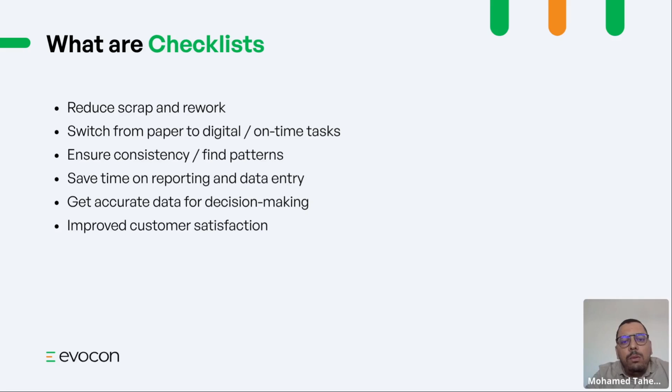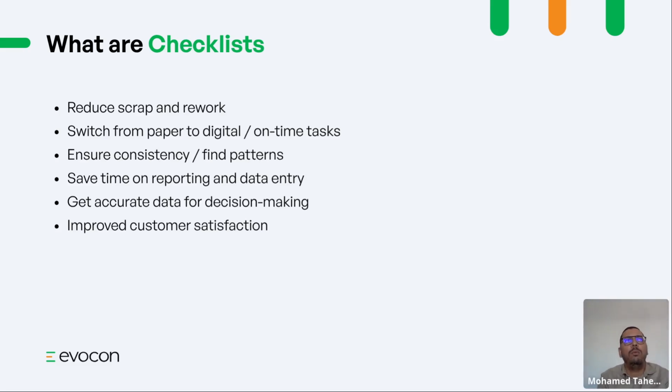So theoretically, checklists are used to help the shop floor, mainly operators, supervisors, and technicians, to reduce scrap and rework, to switch from paper to digital, and to do on-time tasks. We also help the shop floor to ensure consistency and to find patterns. It helps to save time, and also reporting for data entry, any type of data that you need.